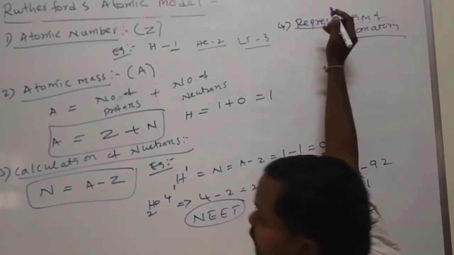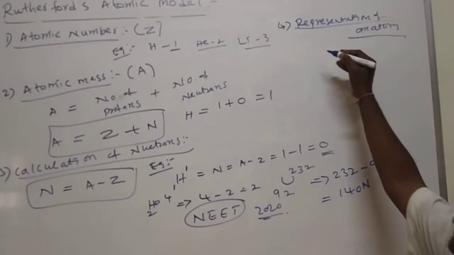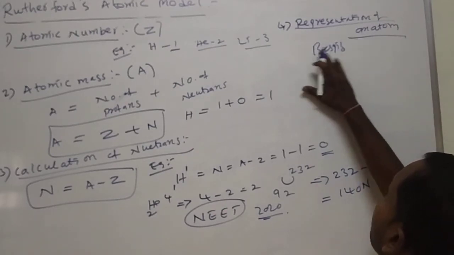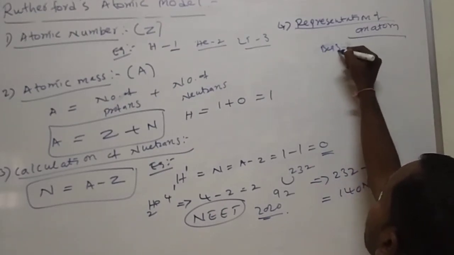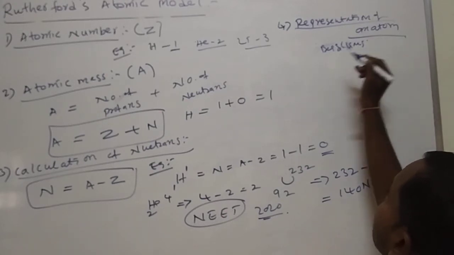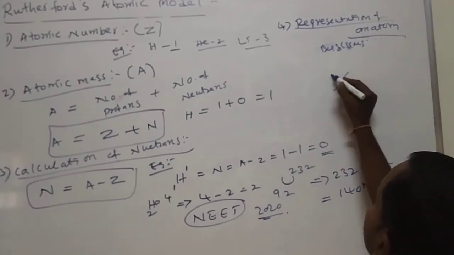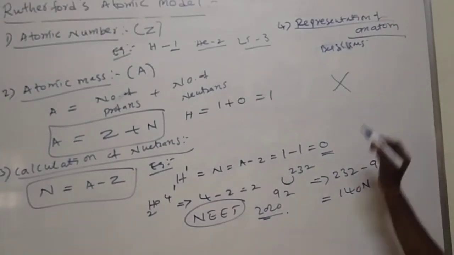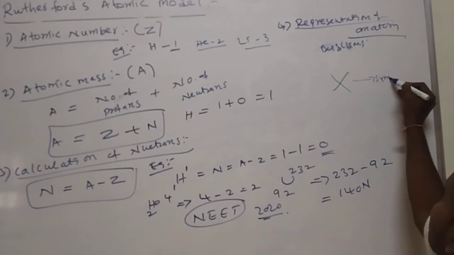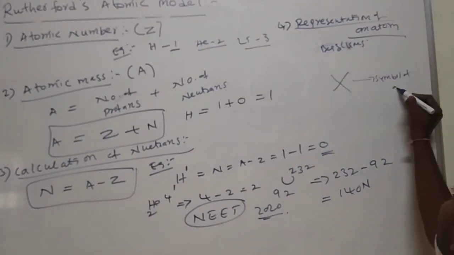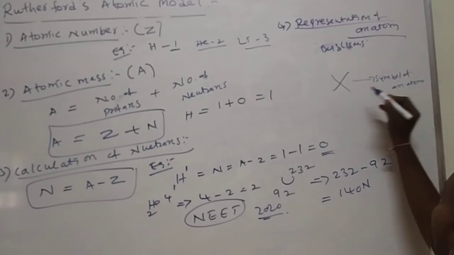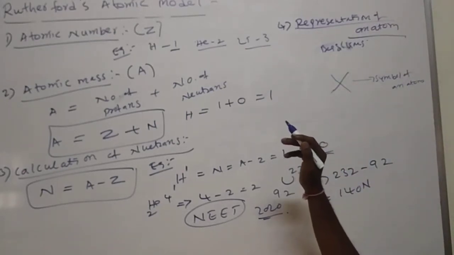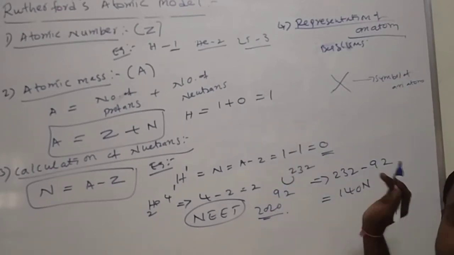The representation of an atom was explained by Berzelius. Here X means any atom, the symbol of the atom. Downside means subscript, upside means superscript. Superscript and subscript each have a right side and a left side.